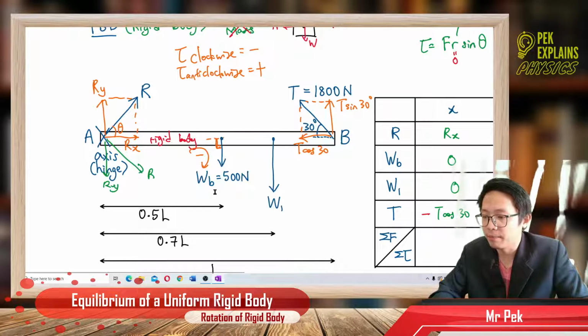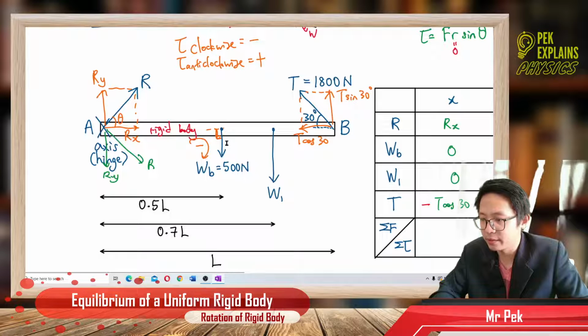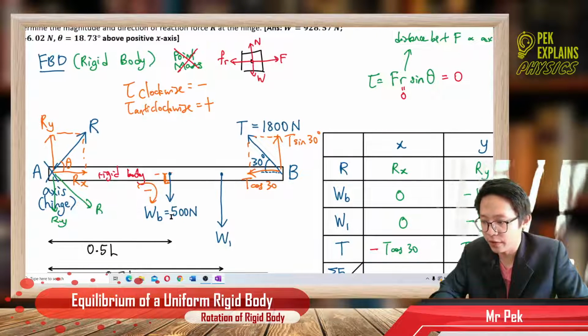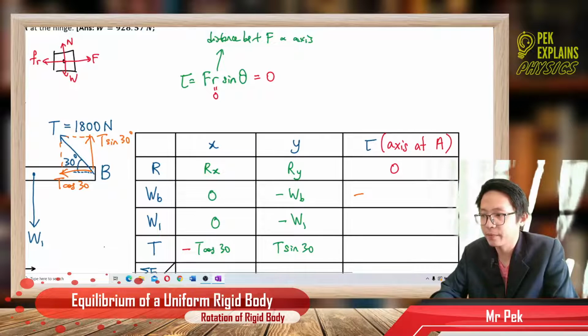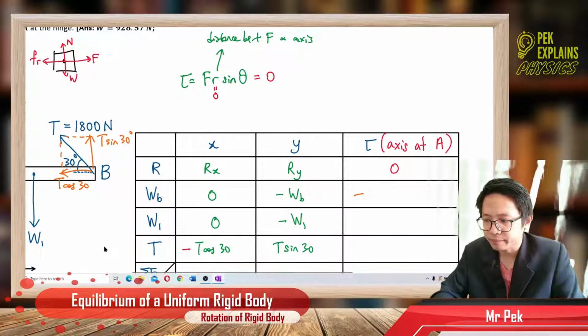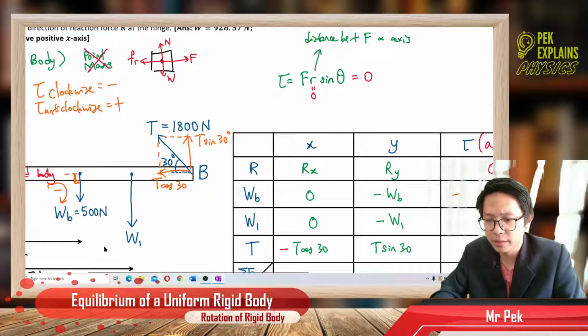So now F is 500. r is the distance of the force to the axis of rotation, which is 0.5 L. So 500 multiply 0.5 L. That's the answer.